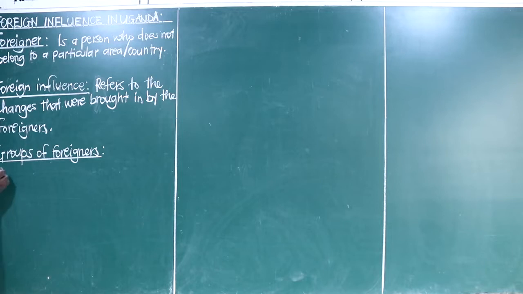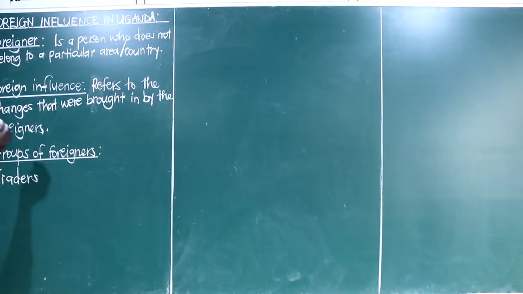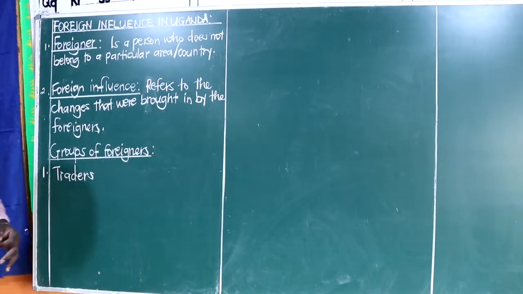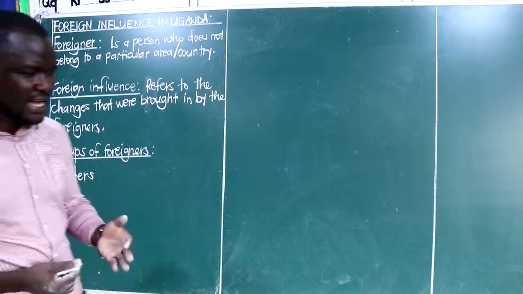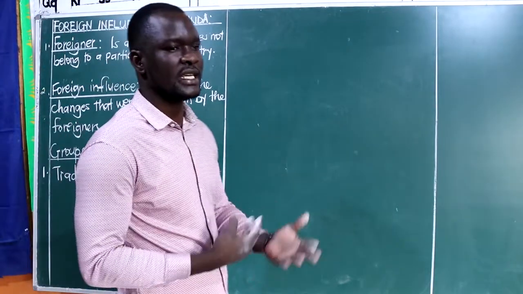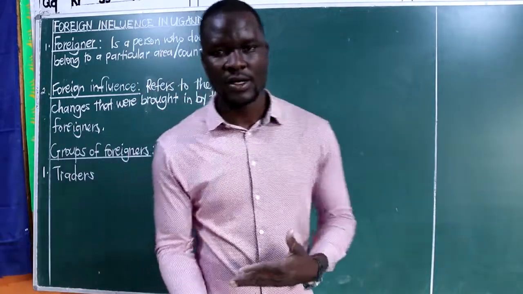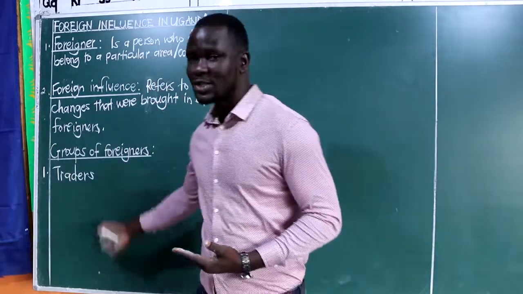The first group is the group of the people that we call traders. Who is a trader? A trader is a person who deals in trade, buys goods, sells them. So we are going to be looking at that group.